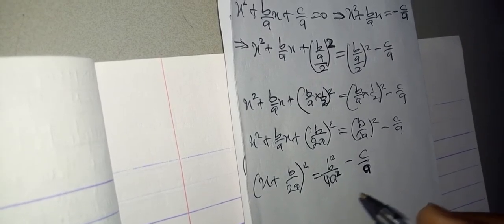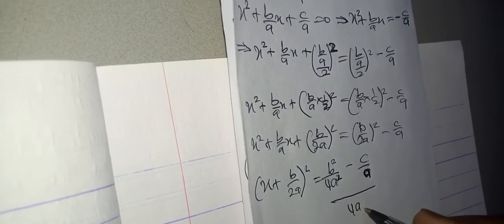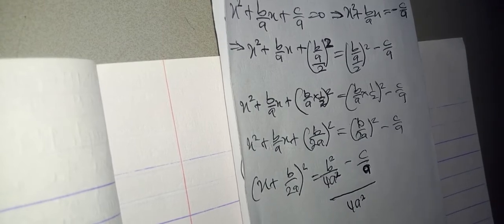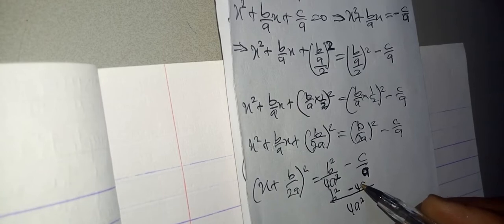All right. So we are going to find the LCM here, which is going to be 4a squared. The whole of this goes here, 1 times this. You have b squared minus, a goes here, 4a times ac.